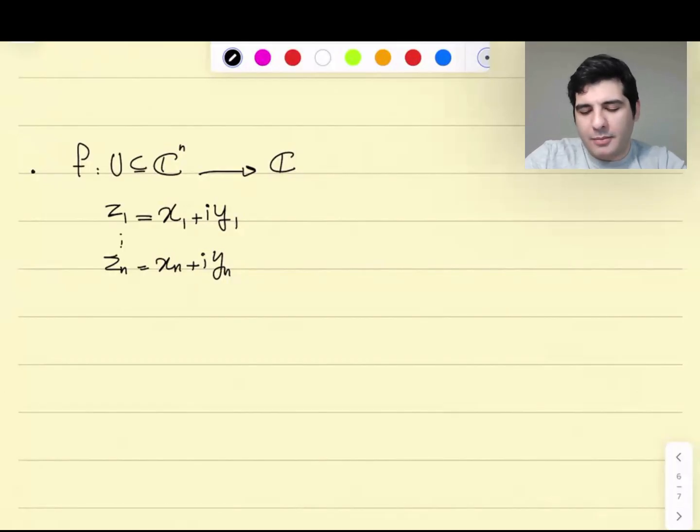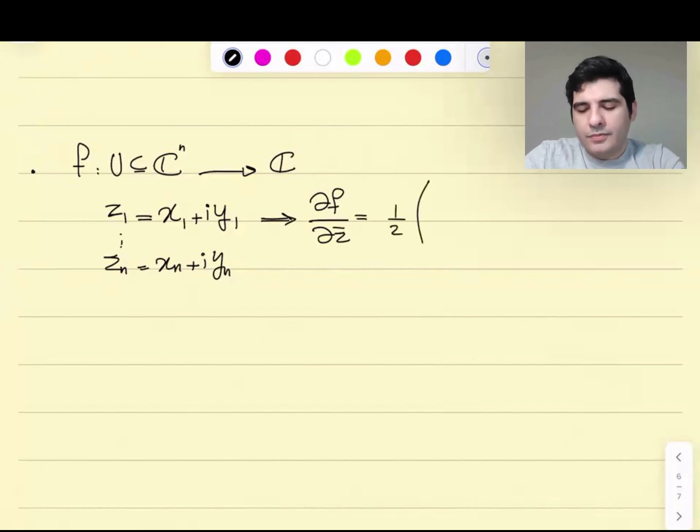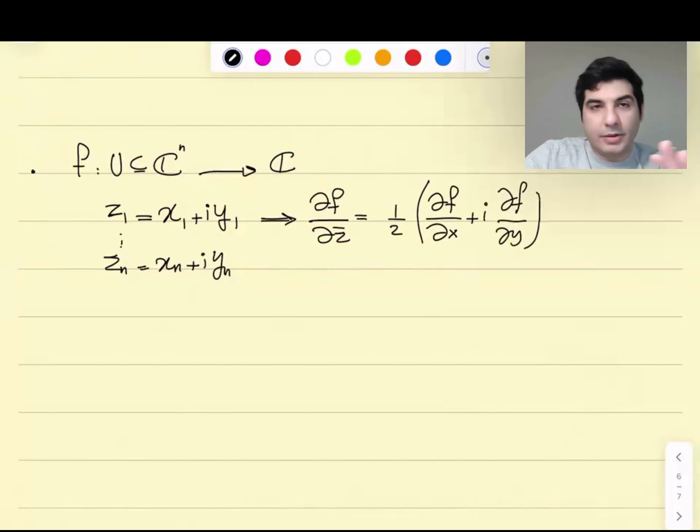So I define the partial derivative of f with respect to z bar. Previously, when we were working in one dimension, we defined this to be 1 over 2 times the derivative of f with respect to x plus i times the derivative of f with respect to y. Now we can define the partial derivative of f with respect to z1 bar to be 1 over 2 times the derivative of f with respect to x1 plus i times the derivative of f with respect to y1.